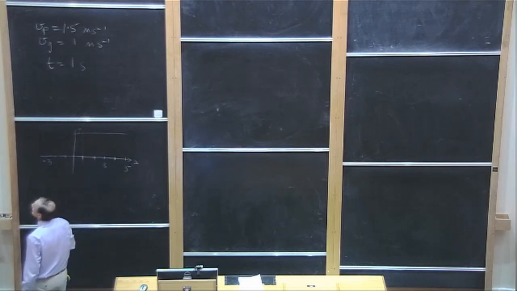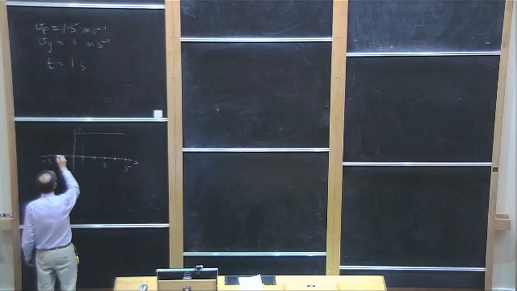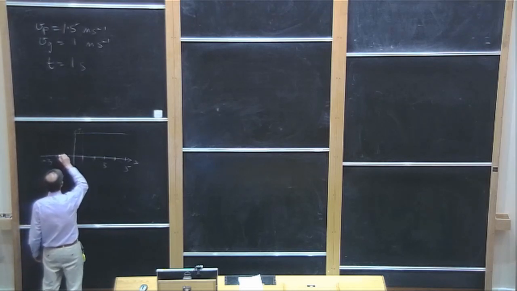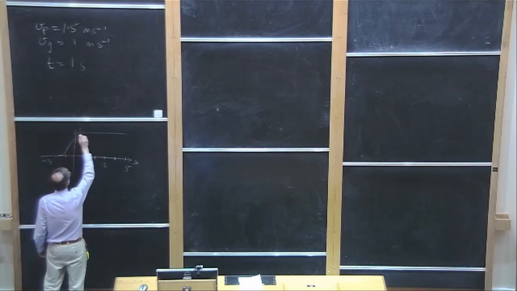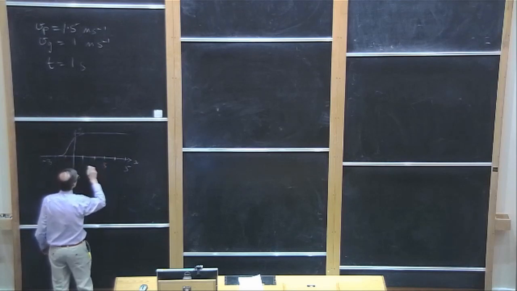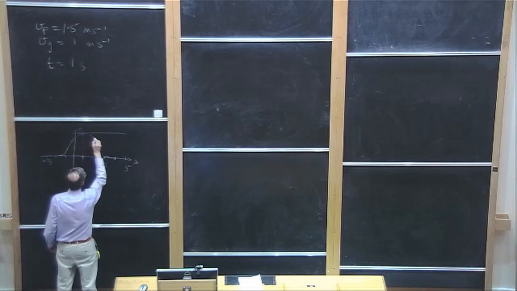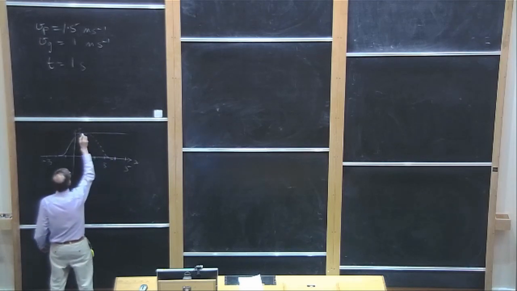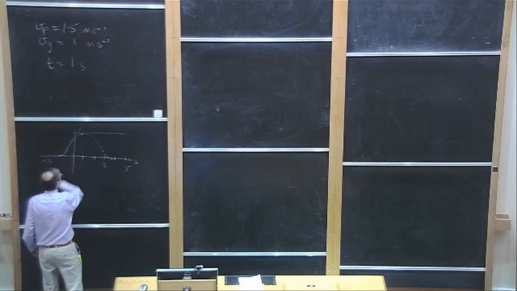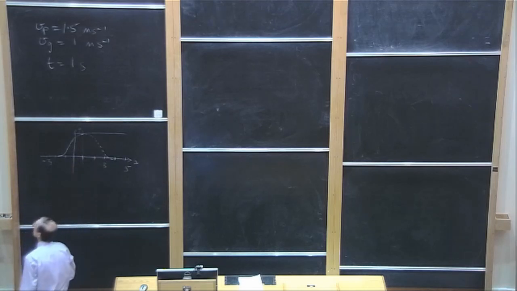And it falls down to 0 at about 2.5. So 2.5 becomes 1.5 if the group velocity is 1, and 2.5 becomes 3.5. So there's the new envelope.